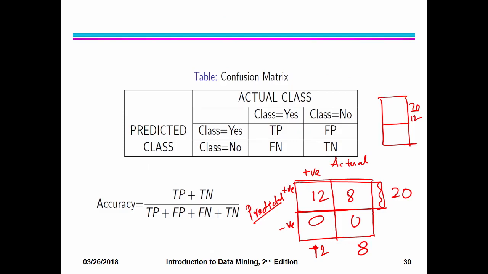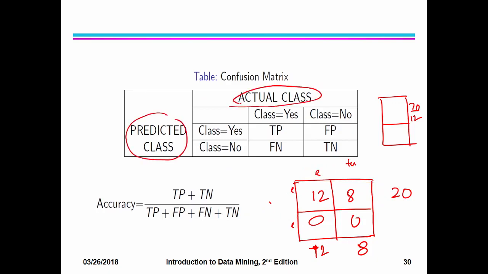Now, what do we do in this example? Here we consider this is the predicted class and this is the actual class. But there is no universal rule that you should always take this row as the positive predicted class. You can change it.